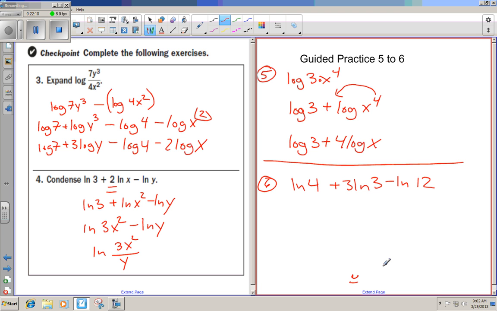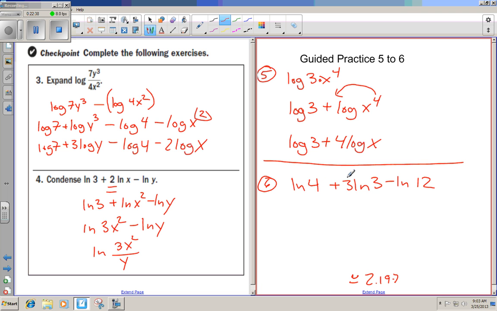And before you did any work, you could do ln of 4, adding it to 3 ln 3, and then subtracting ln 12. And we should, at the end, get 2.197. But it's asking us to condense.